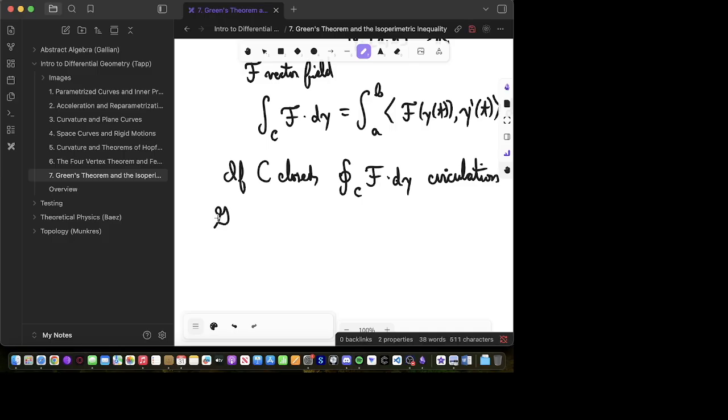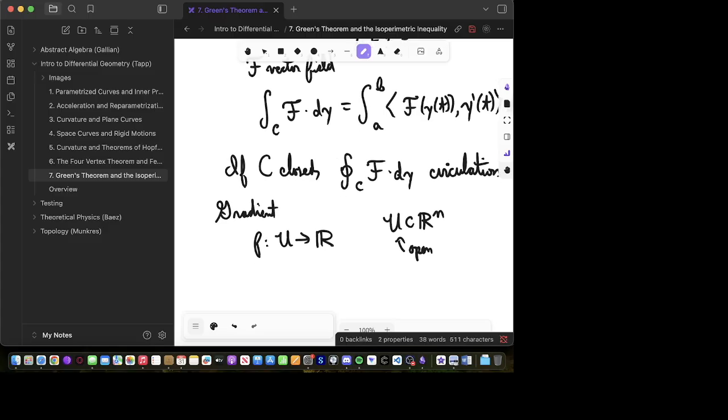Now let's talk about the gradient. I know there's a lot of definitions going on, but we'll talk about some other things soon. So let's say we have a function f from U to R, where U is an open set.